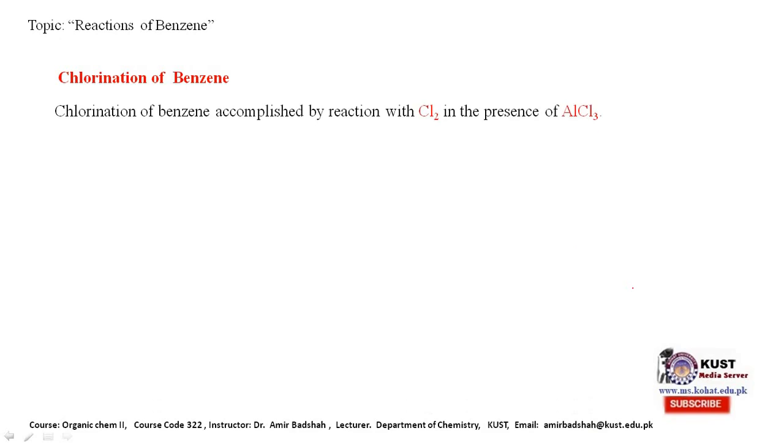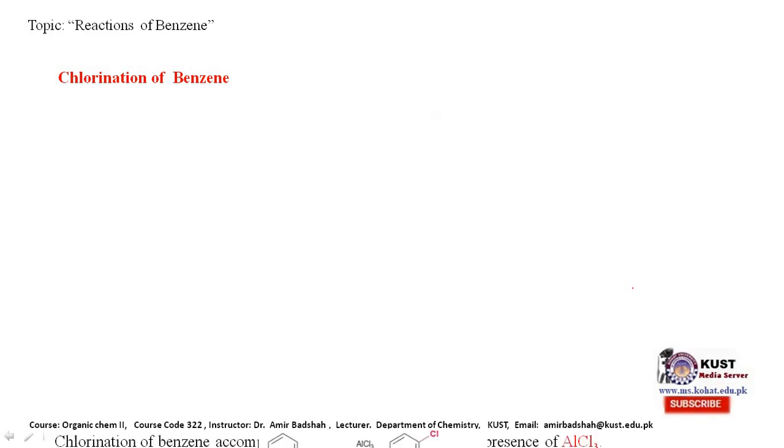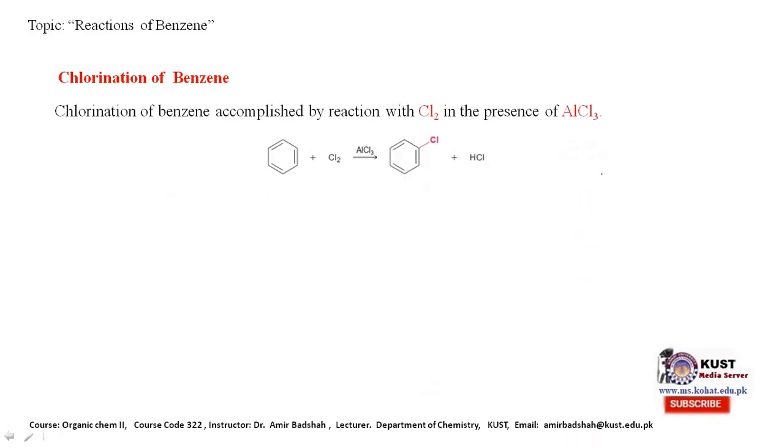The second one is chlorination. Just like bromine, chlorine can also be added to benzene in the presence of a Lewis acid, for example aluminium chloride.